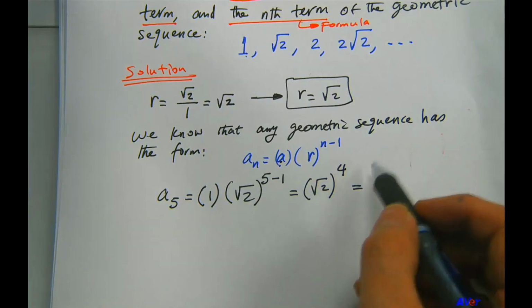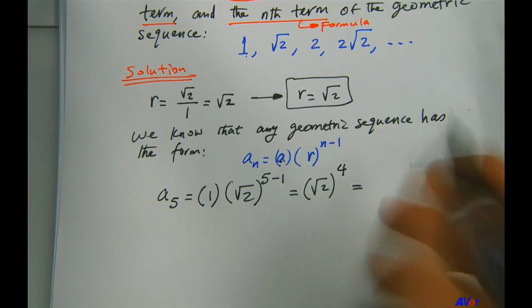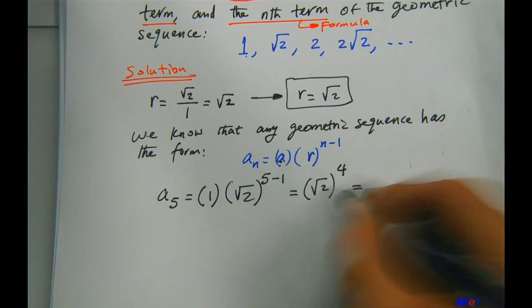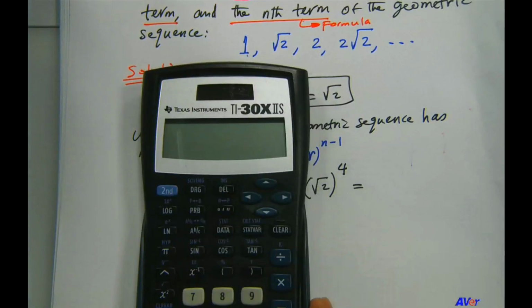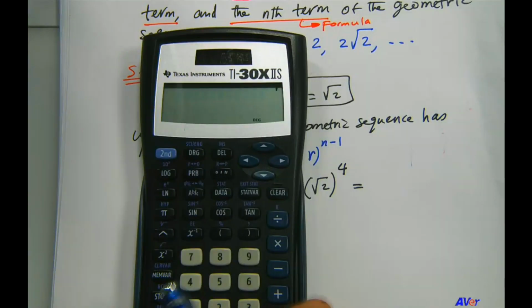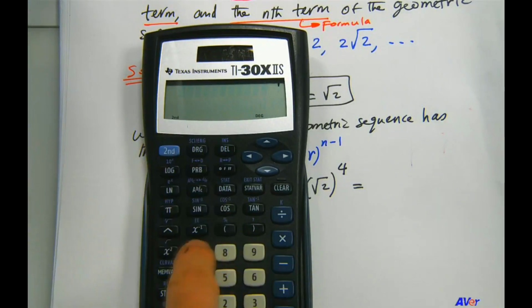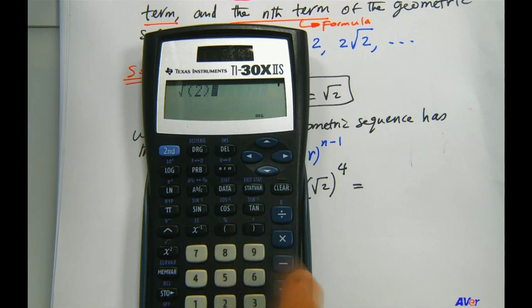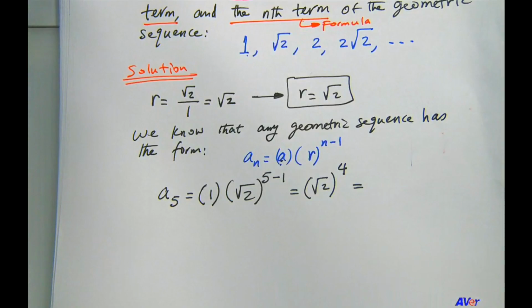Okay, so let me make sure. Yes, you can use your calculator here. Square root of 2, raise that to the 4th power, and we get 4, right? But you don't need the calculator.